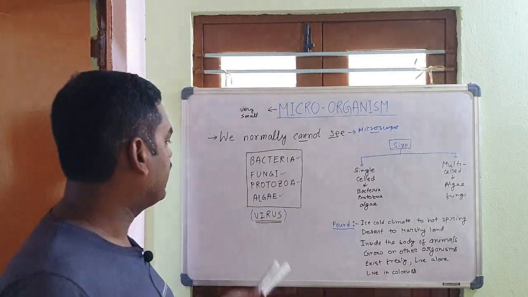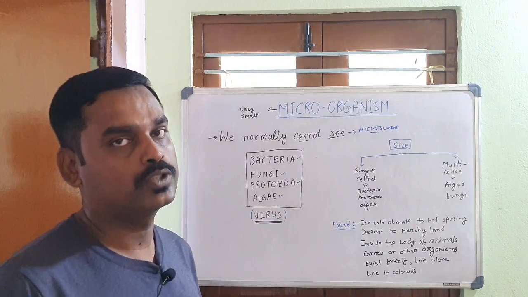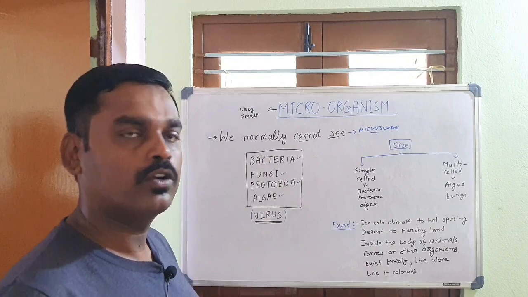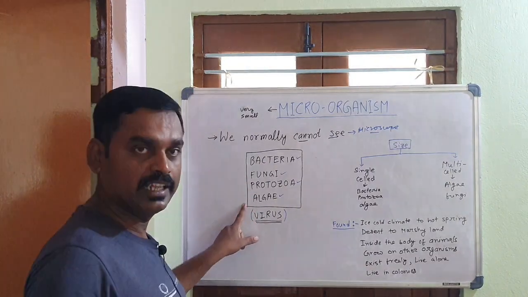That is why virus is not directly classified into the four major groups of microorganism. So what are the four major groups? Bacteria, fungi, protozoa and algae.